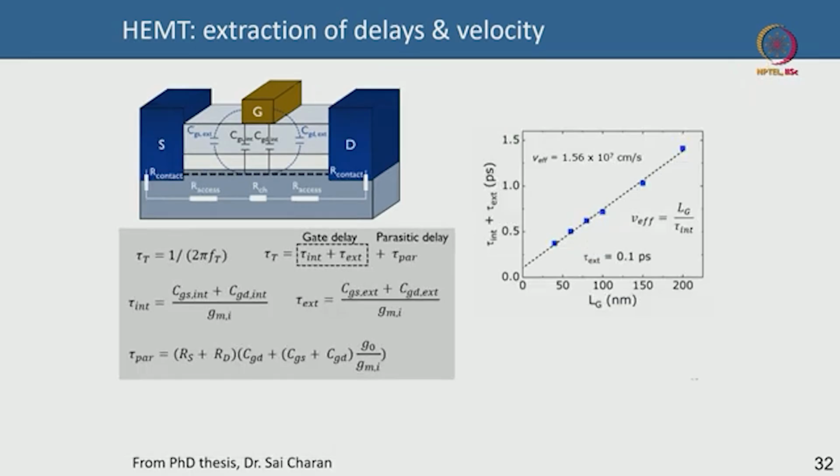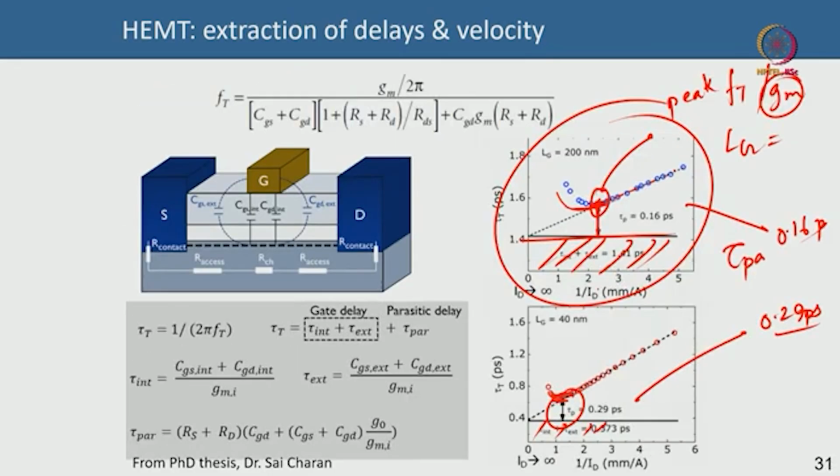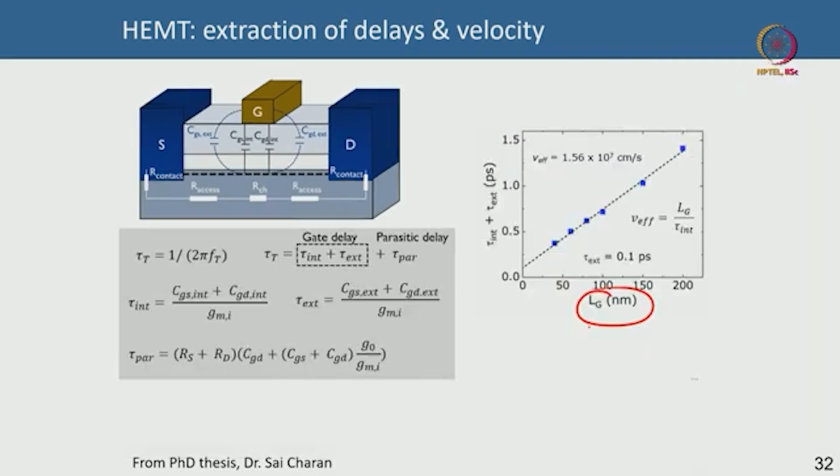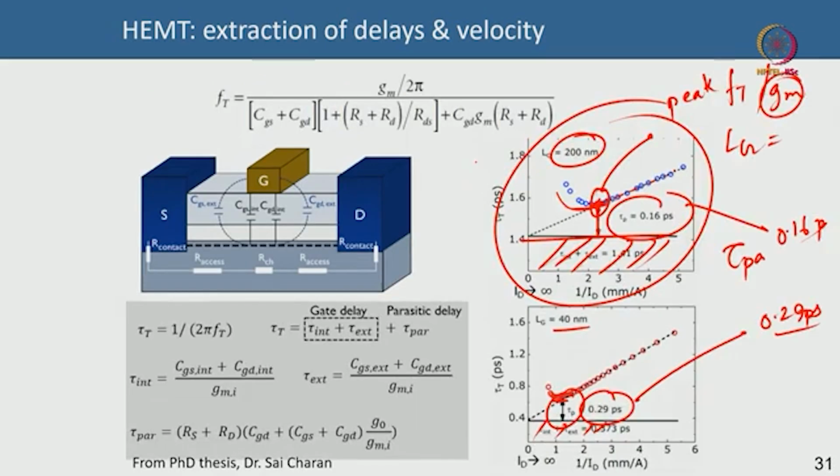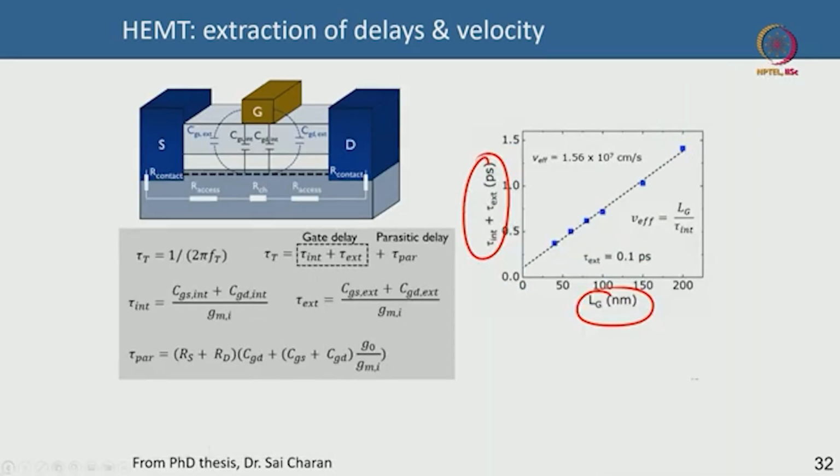We will go to the S parameters towards the end of this course. Once you do that for different gate lengths, this is 0.16 picosecond for 200 nanometer gate length, and this is 0.29 picosecond for 40 nanometer gate length. You plot the extrinsic plus intrinsic delay with respect to gate length, and you get different data points that all lie on a straight line.